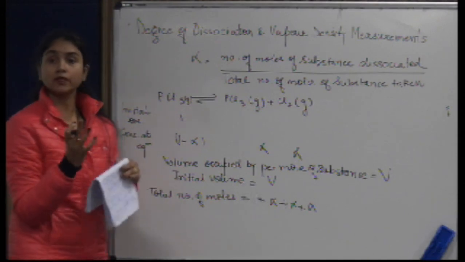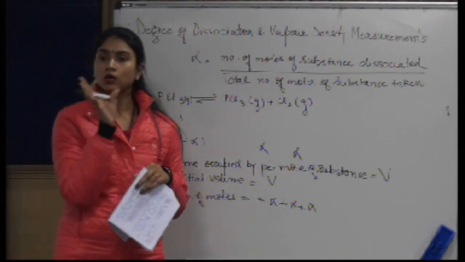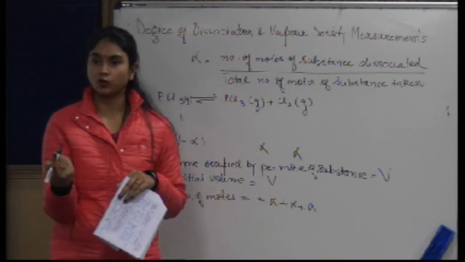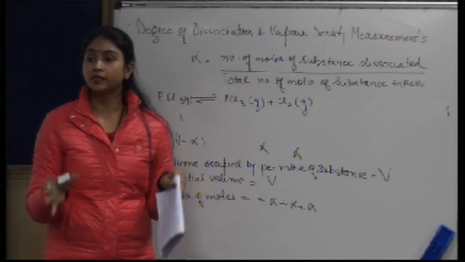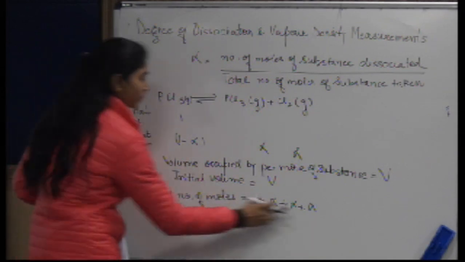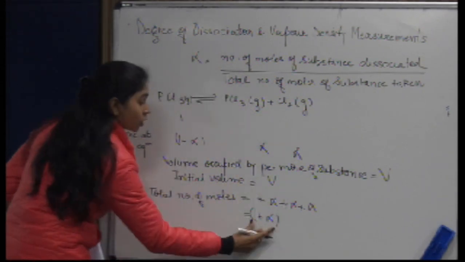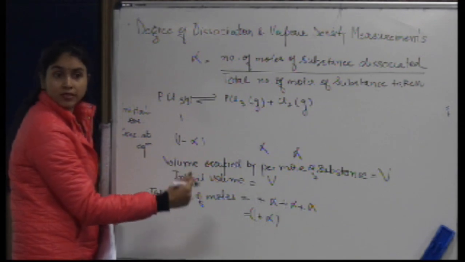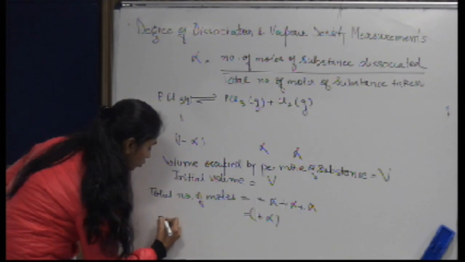We are not doing the number of moles left; for that we take the number of moles of product minus reactant, which talks about the change in the number of moles. Here we are interested in the total number of moles present in your reaction. So it will become 1 plus alpha. So the volume for this number of moles will become this into V. So the final volume is V into 1 plus alpha.